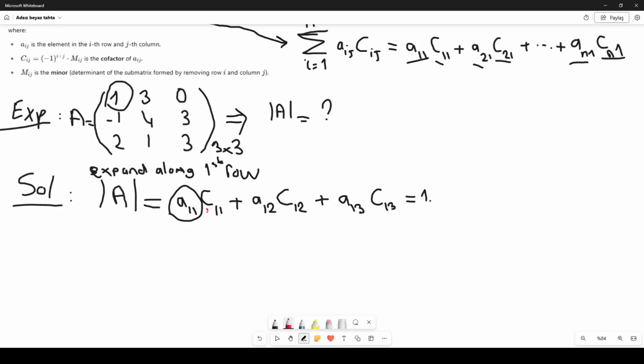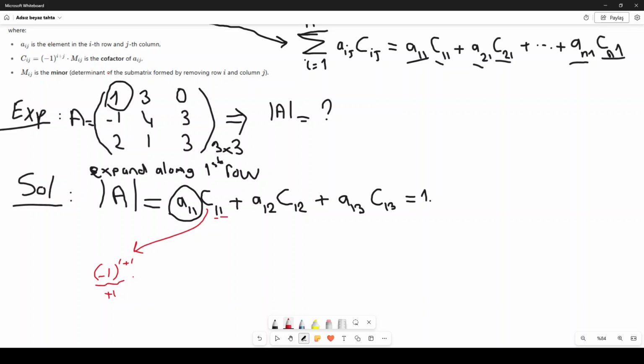The cofactor value of C11 is -1 to the power of i plus j, and for the first component we have i equal to 1 and j equal to 1, so the power is an even number. So -1 to the power of 2 is +1, so no change on the sign.